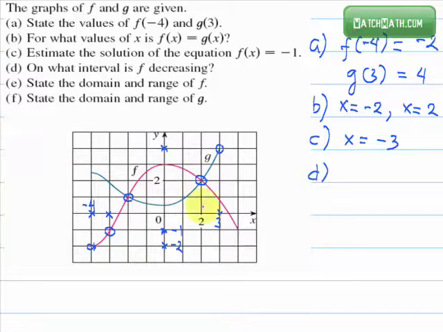So by assuming that, we can see that f is decreasing starting from x equals 0 all the way up to x equals 4. In interval notation, we can write that f is decreasing on the interval from 0 to 4.